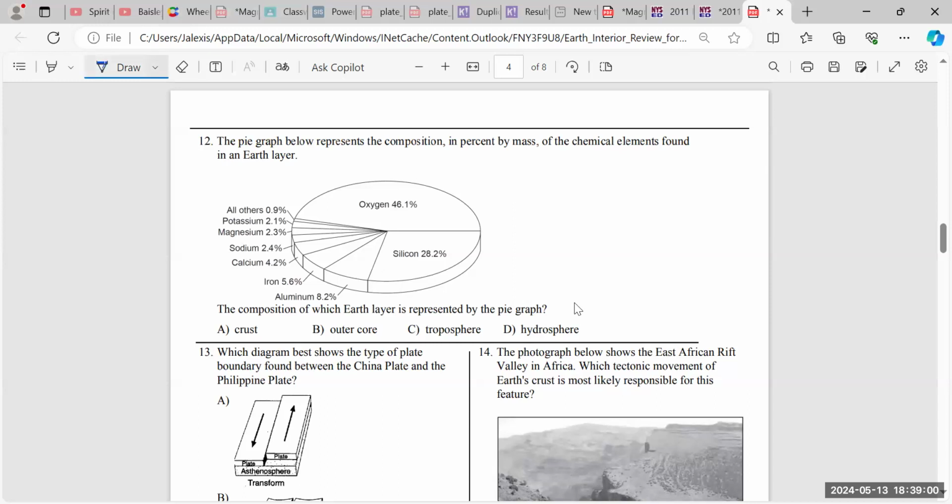I see oxygen, 46.1%, and silicon, 28.2%. The other thing I see here is they're showing the composition in percent by mass of the chemical elements found in the Earth layer.